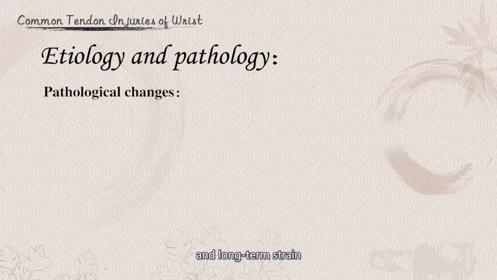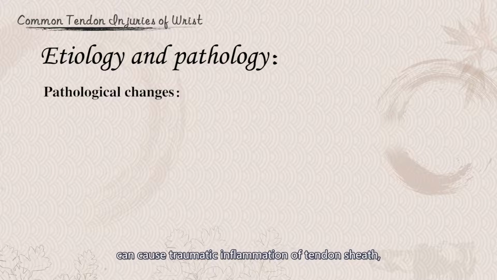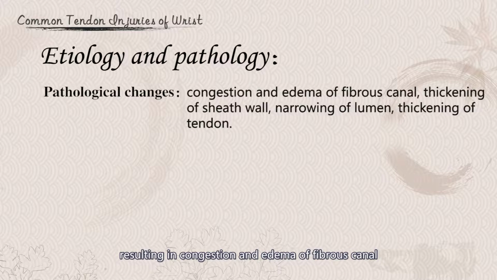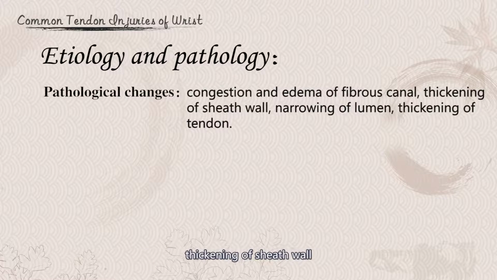And the long-term strain can cause traumatic inflammation of the tendon sheath, resulting in congestion and edema of the fibrous canal, thickening of the sheath wall, narrowing of the lumen, and swelling of the tendon. The tendon has difficulty sliding in the lumen and corresponding symptoms occur.